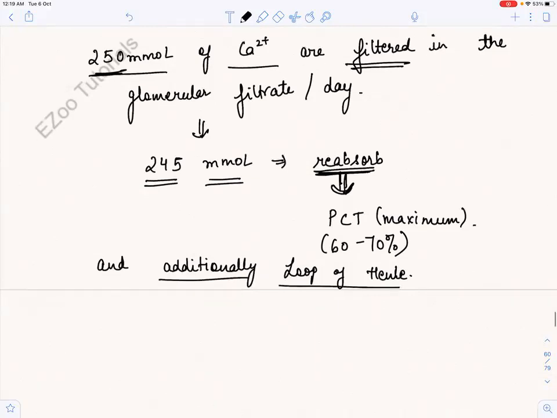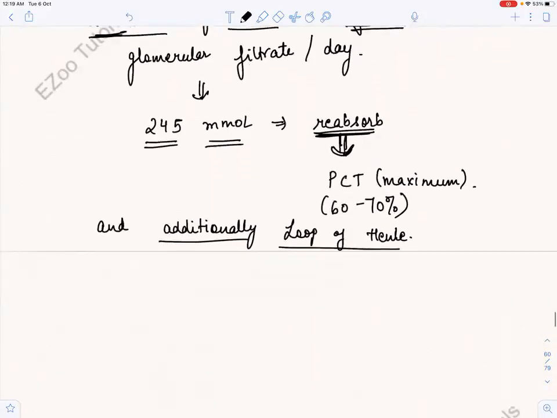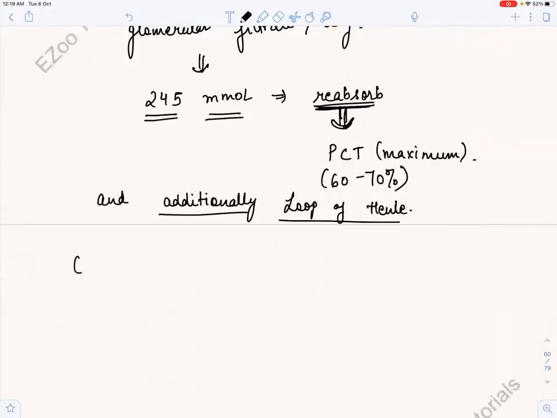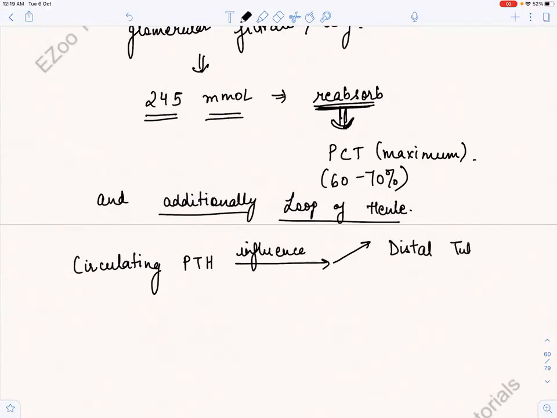Now we have to see what this PTH is doing. So there is this circulating parathormone, or Collip's hormone. It will influence the distal tubules and it will also influence the renal collecting tubules, right? Renal collecting tubules.